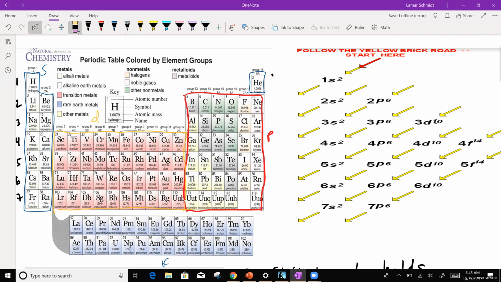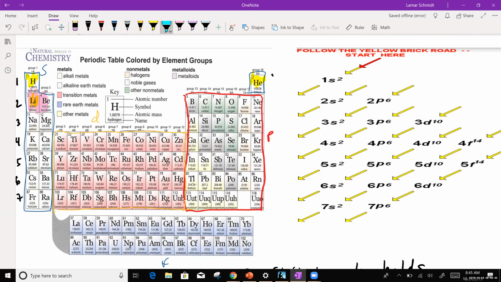We'll talk a little more about that in a bit. If we think about those being energy levels and we just count in the S, in energy level 1 we have 1S1 and 1S2. In energy level 2, we have 2S1 and 2S2, so lithium is 2S1 and beryllium is 2S2.